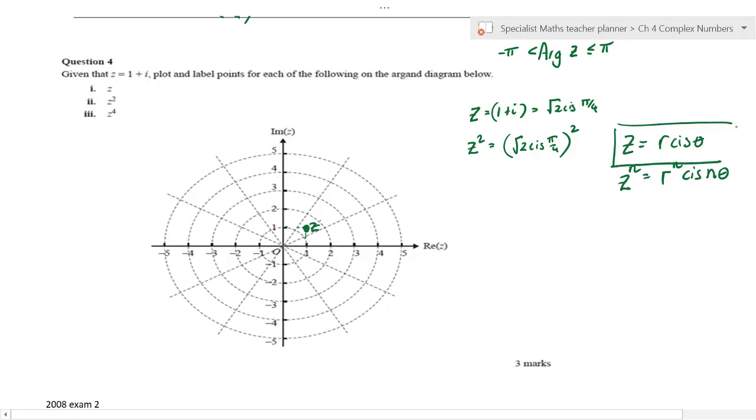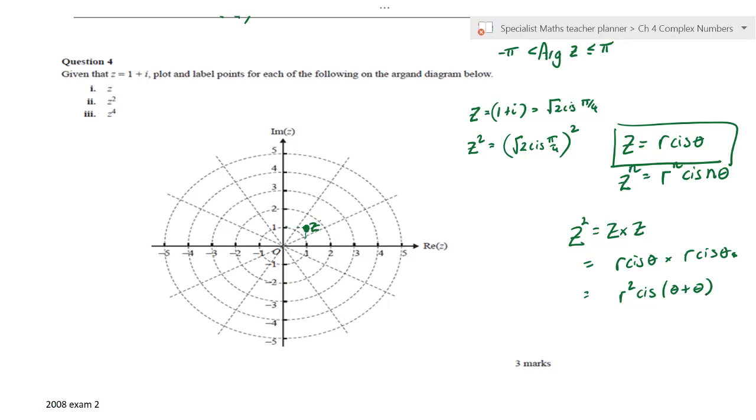If z is r cis theta, what about if I did z squared? z squared is equal to z times z, which is equal to r cis theta times r cis theta, and that's equal to r squared. And then what are we doing to the angles? Theta plus theta. Okay? So as you can see there, we're actually just bringing that power in and multiplying the angle by the power. And then, of course, the number is to the power as well. That's where it really comes from. And that's also in your notes.